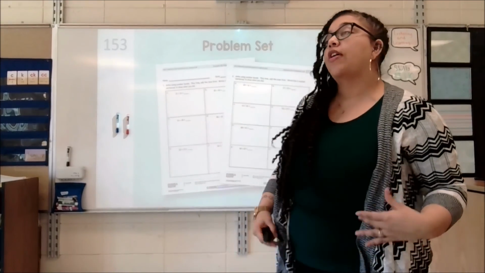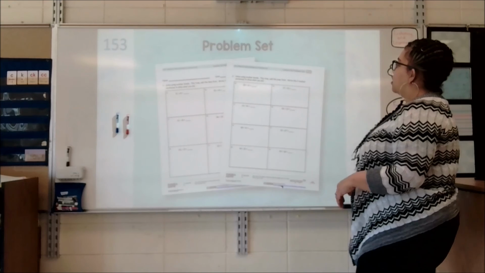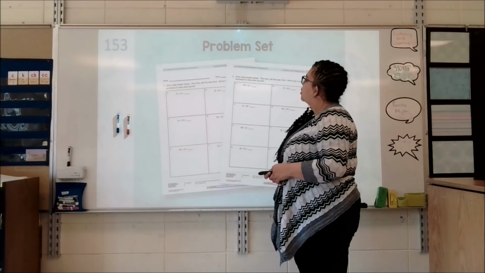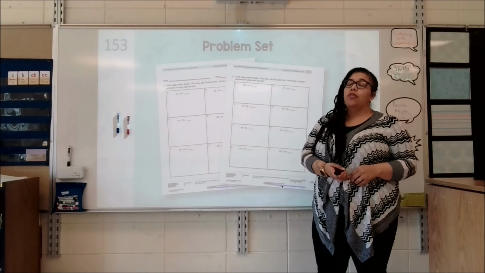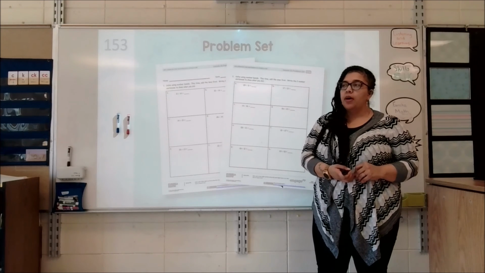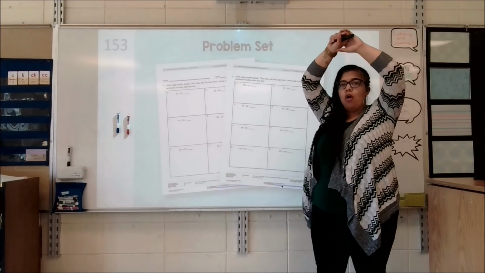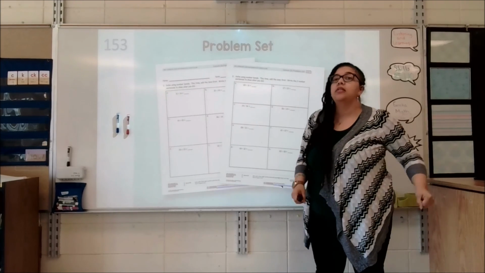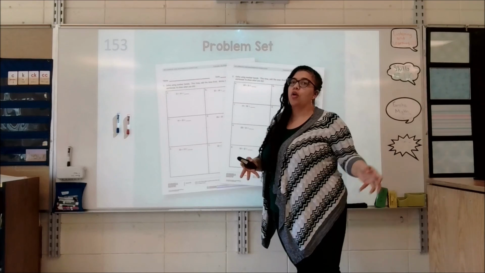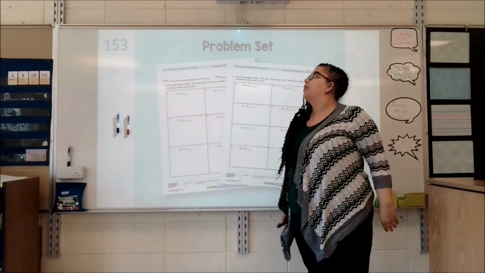Make sure you're using your strategies correctly. Your strategies are there to help you. It says solve using number bonds. Yes, the expectation is that you're attempting number bonds. Not part, whole, but taking apart and breaking it into smaller pieces so you can put all the pieces together to find the whole.